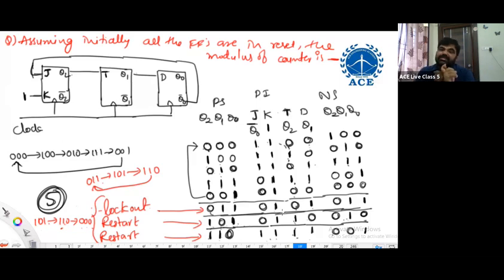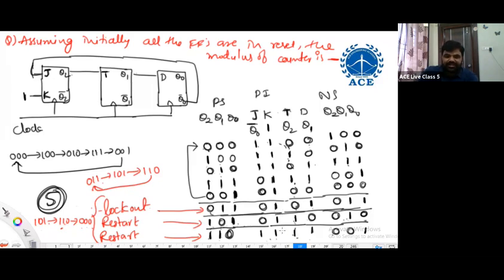So a flip-flop can be set or reset on power on. When the system is started, when power is on, it enters into one of the used states only. That is called power on initialization.